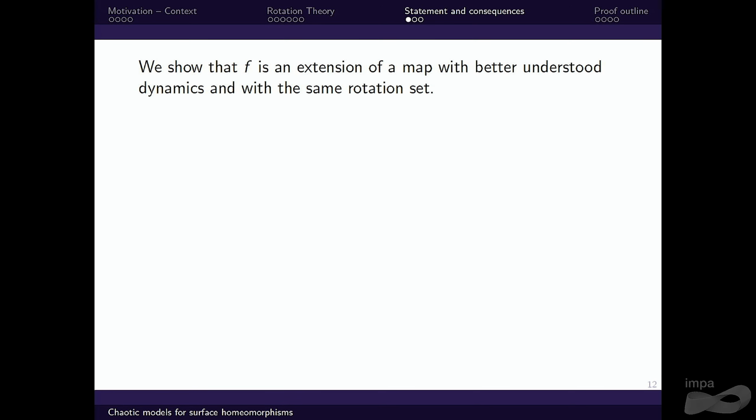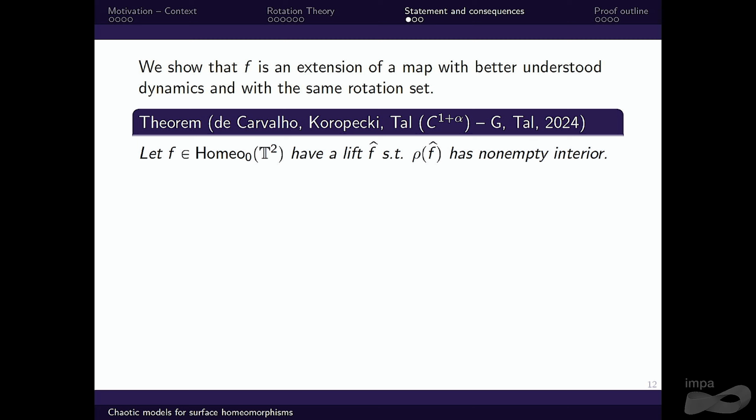Statement. Okay? So remember, isotopic to the identity homeomorphisms, non-empty interior for the rotation set. We show that F, the original one, is an extension of a map with better understood dynamics and with the same rotation set. So theorem, this was done by Andrés Carvalho, Andrés, and Fabio for the C1 plus alpha class, and in a joint work with Fabio for the C0 class.